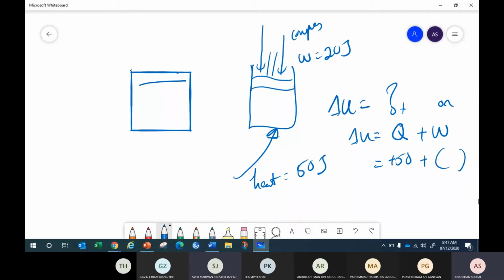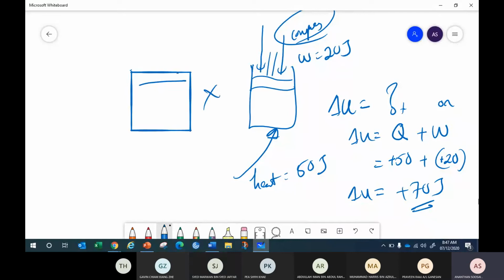Work done: compressed, so positive 20. So the change in internal energy is positive 70 joules. The internal energy has been increased by 70 joules.